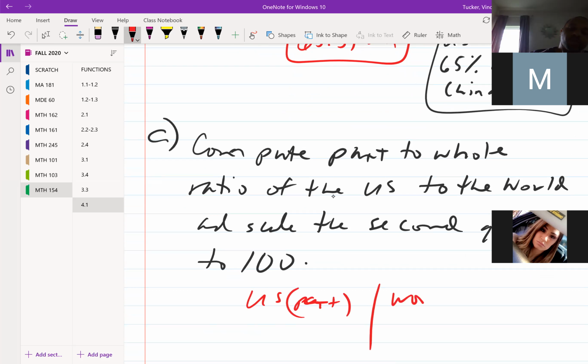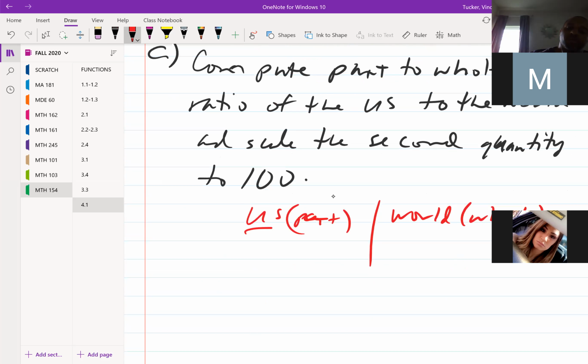We're looking at the world, which is the whole. So 5270.4, the world, 32,310.3. Set up our ratio again.